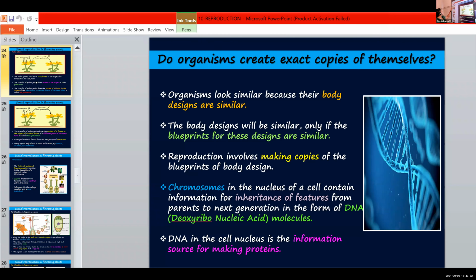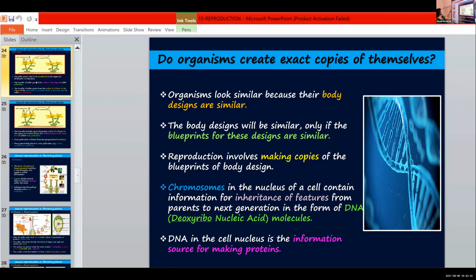So pollination, you can memorize using the mnemonic PAS. Pollen grains are transferred from anther to stigma. That is known as pollination. And there are two types of pollination, self and cross-pollination.